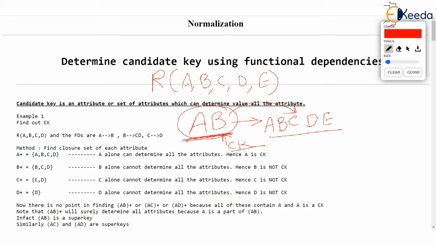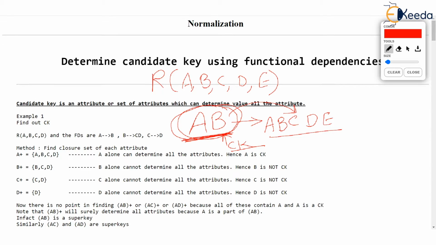Now there is one more term called super key. Before we read whatever is written in black, what is a super key? Now take this example. If you know AB is a candidate key, as in this example, then whatever you add to this AB will become a super key.